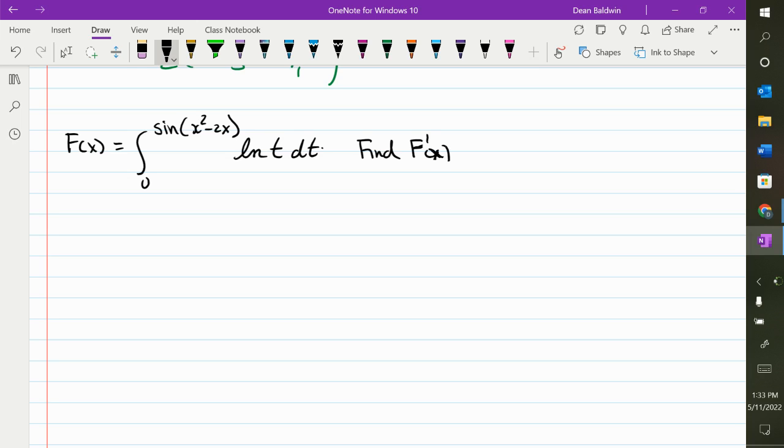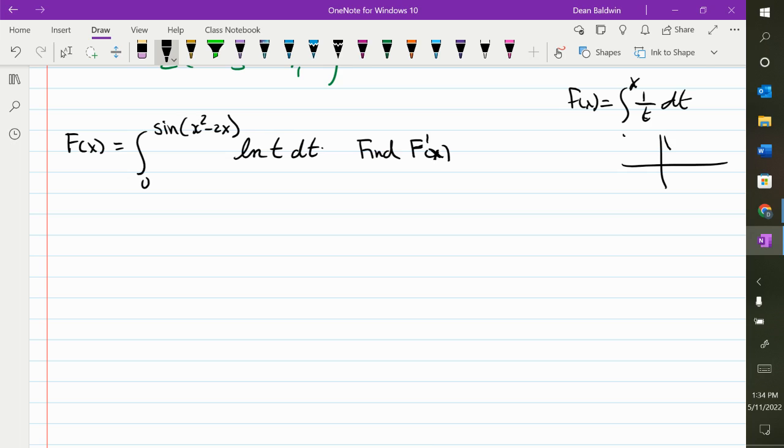Well, some functions are defined by the area under the curve. I think if you watched my video on the natural log, the natural log function is defined as the area under the curve from 1 to x of 1 over t dt.